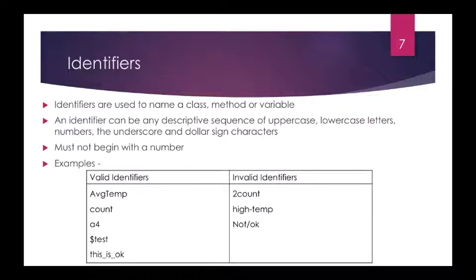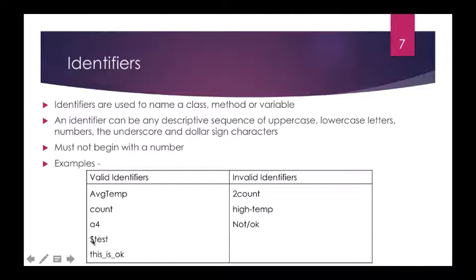Identifiers. Identifiers are used to name a class, method, or variable. An identifier can be any descriptive sequence of uppercase, lowercase letters, numbers, underscore, and $ sign characters. Must not begin with a number. Examples, we have both the valid identifiers and invalid identifiers provided in this example.